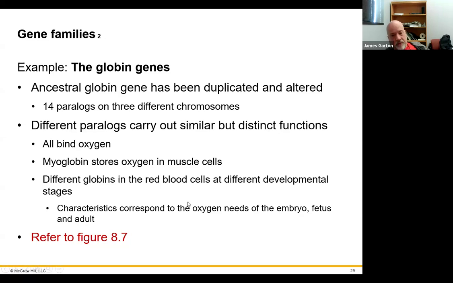And as I mentioned, you have embryonic, fetal, and adult hemoglobin. There is now, as of within about a year or so, a treatment for sickle cell anemia. If you inherit two copies of a mutant allele that causes changes in the beta globin protein chain of your hemoglobin, you have sickle cell anemia.